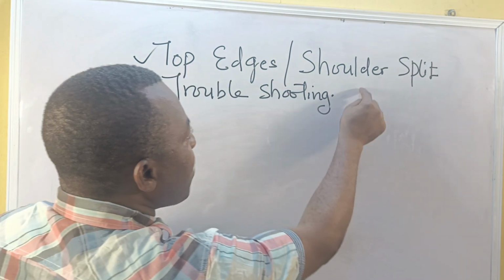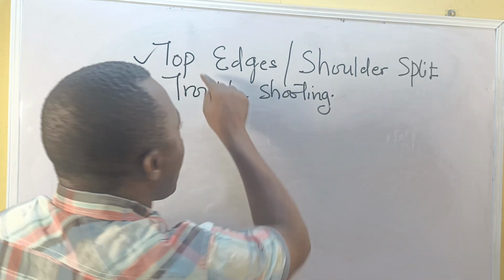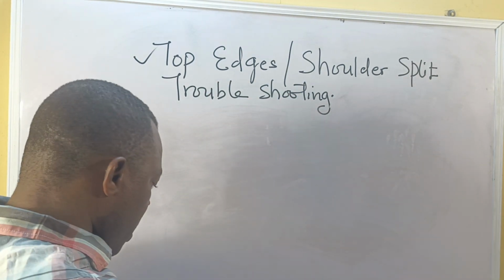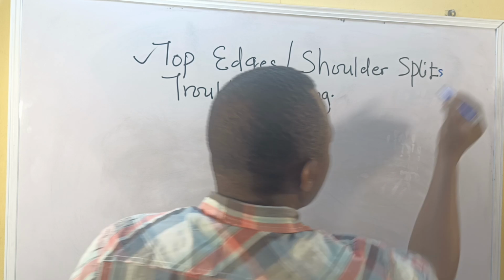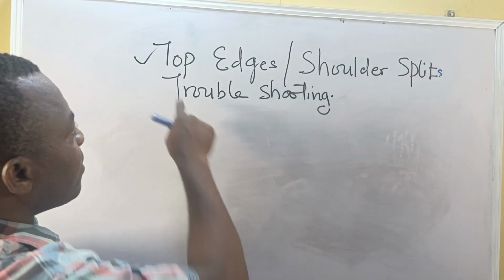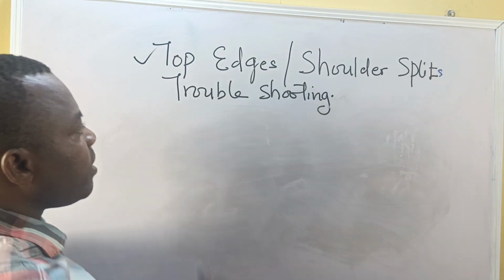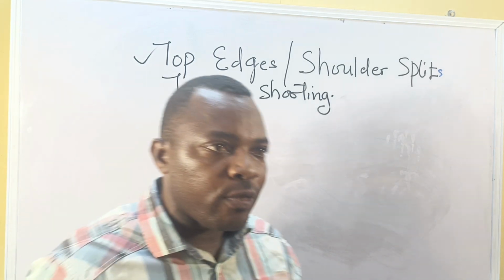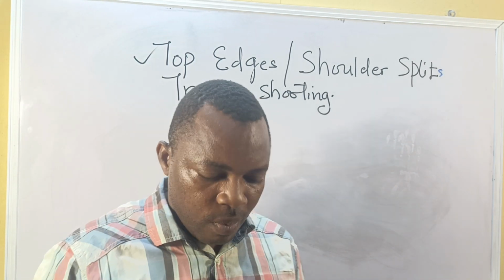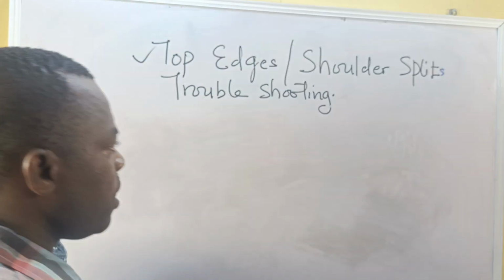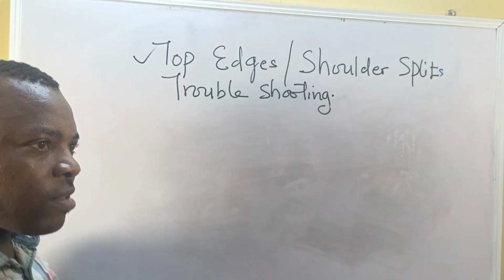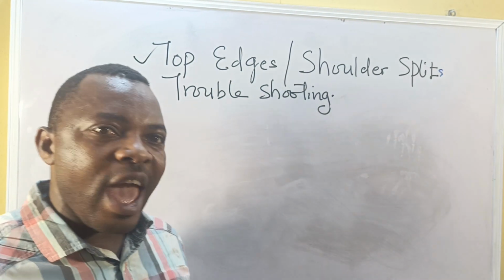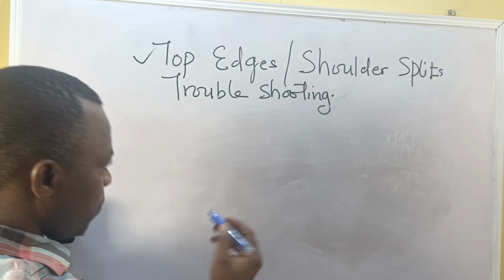These are technical terms: shoulder splits and top edges. That is a kind of defect in the foam block. But before I proceed, I believe the person that asked that question experienced this kind of sign.